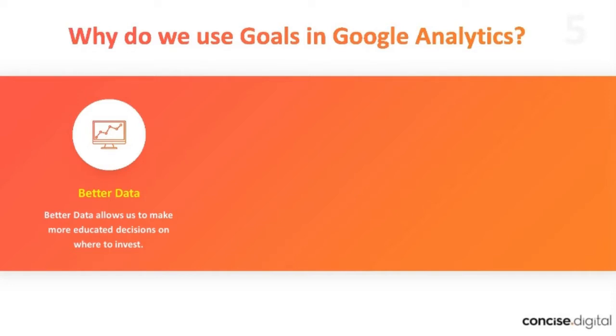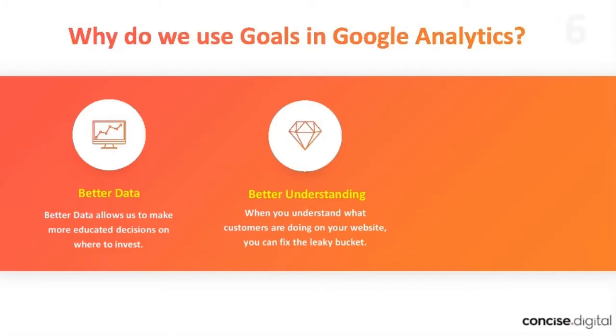One of the quite often forgotten features of Google Analytics is goals, and what goals allows us to do is to do a couple of things, one of which is to get better data. So better data allows us to make more educated decisions on traffic generation, what to do on your website, if you're thinking about changing content or uploading new features or adding extra content or elements to your website, then goals allows your Google Analytics data to be more powerful because it helps break down the data into different sections.